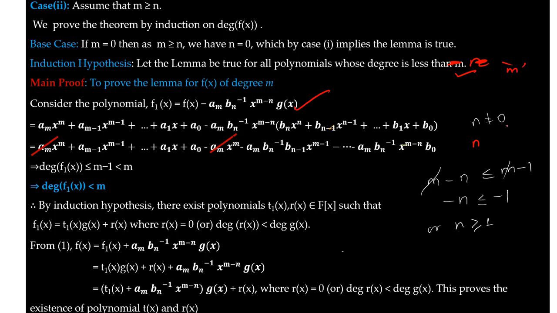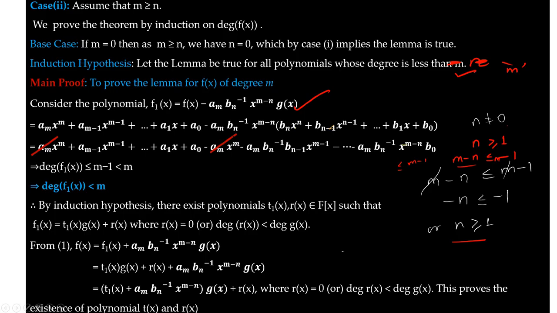But here n is not equal to 0, so that means n has to be greater than or equal to 1. When n is greater than or equal to 1, minus n will be less than or equal to minus 1. m is a positive number, so adding on both sides, m minus n is less than or equal to m minus 1. So the degree here is also less than or equal to m minus 1.